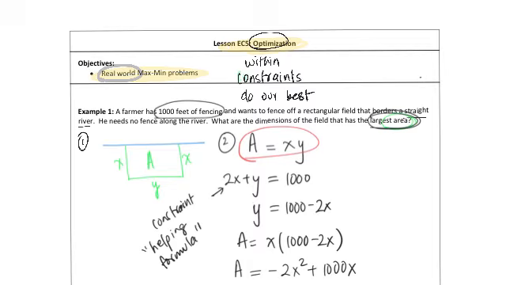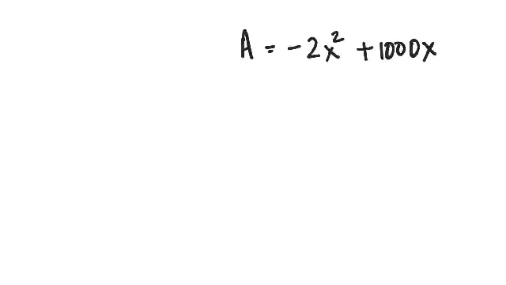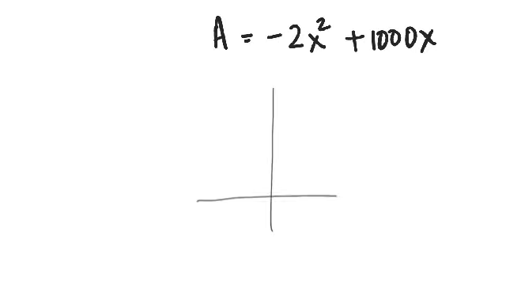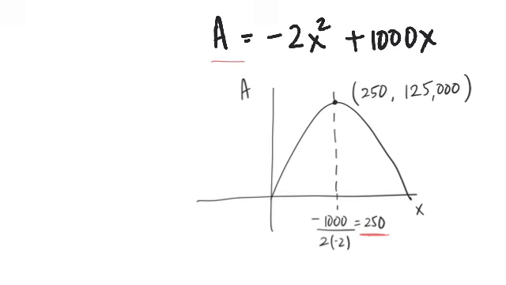Now, you can already see that that's a parabola, so let me just go off to the side here and say if A is equal to negative 2x squared plus 1,000x, we actually don't need calculus to do this particular problem because we can recognize that this is just a parabola, and it has its axis of symmetry at negative b over 2a, or 250, and at that x value, the area comes out to be 125,000 if you just put back 250 into the area formula, right?